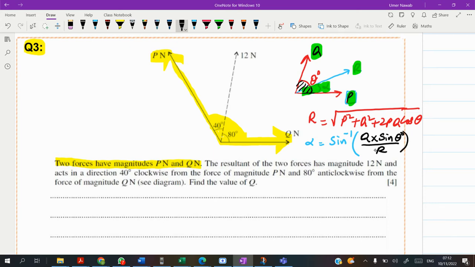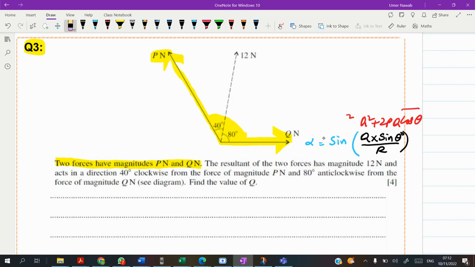So you must have the value of R before finding the angle alpha which the resultant makes with the force P. In the same way, you can find an angle beta, for example, which the resultant is making with Q. So beta will be equal to inverse sine, now we will use P, P times the same thing, sine theta over the magnitude of R. So these were the things which we revised in video number 2.